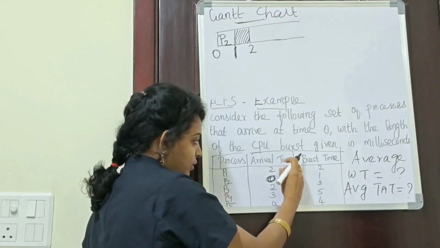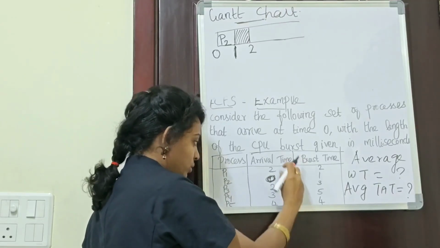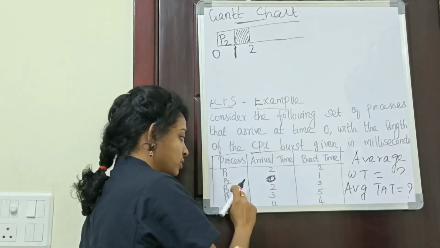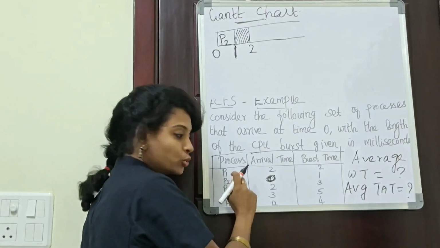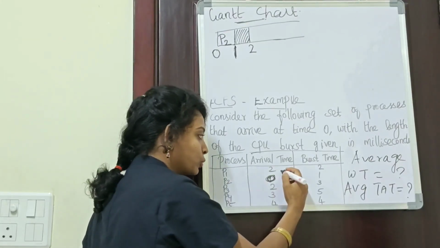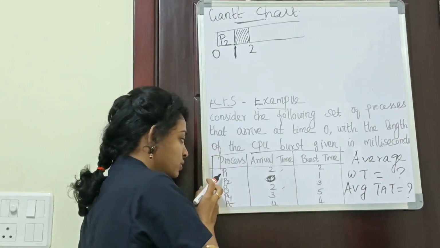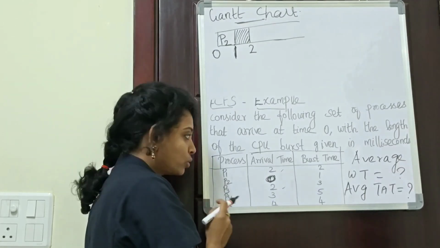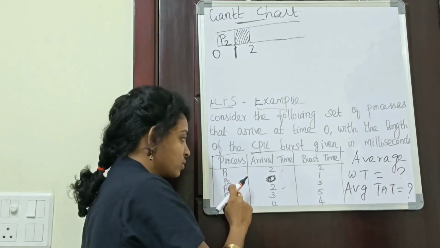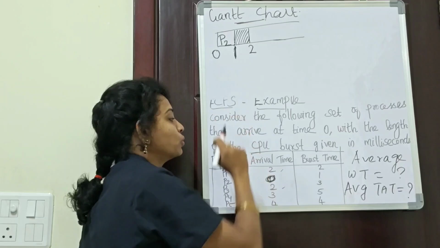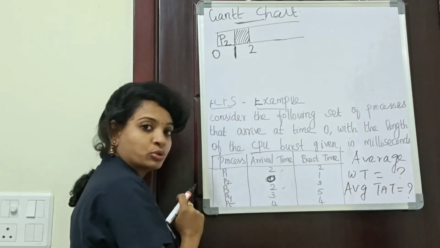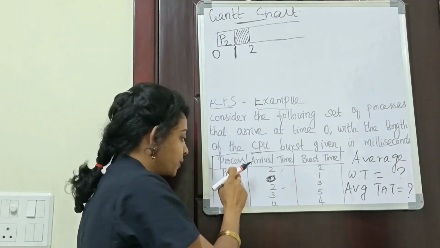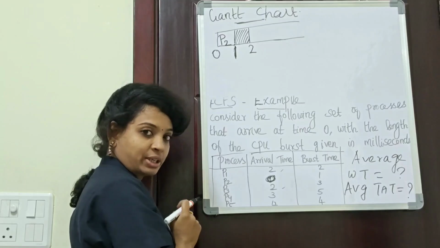During the arrival time of 2, there are two processes, P1 and P3. If both these processes come at the arrival time of 2, which process should we choose, P1 or P3?